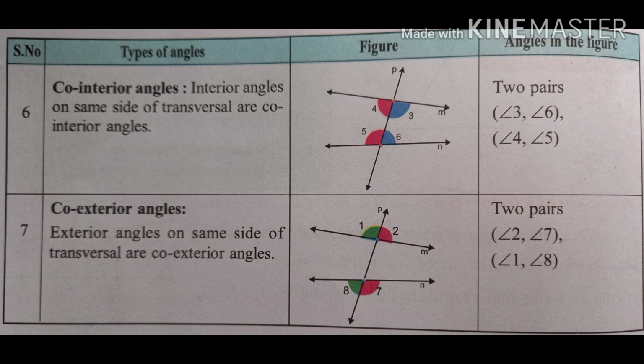Seventh one, exterior angles on the same side of the transversal are called co-exterior angles. Angle 2 and angle 7.